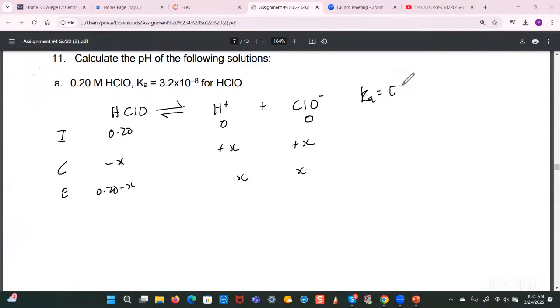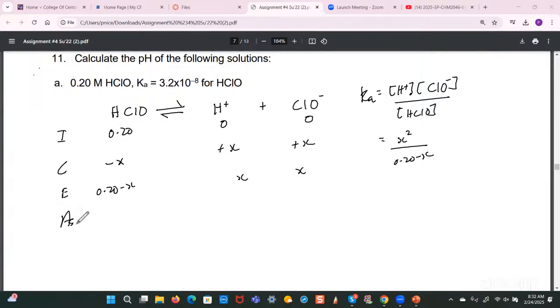Now we can write down the Ka expression for this equilibrium, which is the concentration of H plus times the concentration of ClO minus, divided by the concentration of HClO. Putting in these terms, we get X squared over 0.20 minus X. If you recall, we talked about making an assumption.